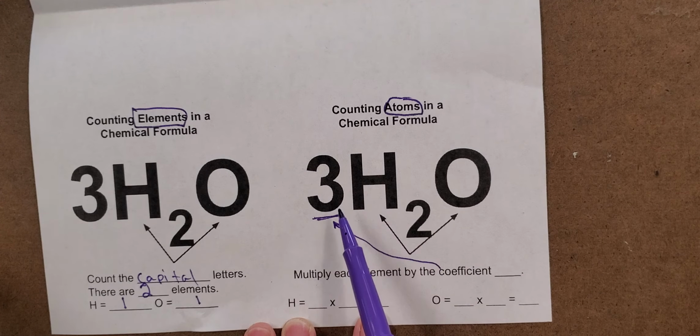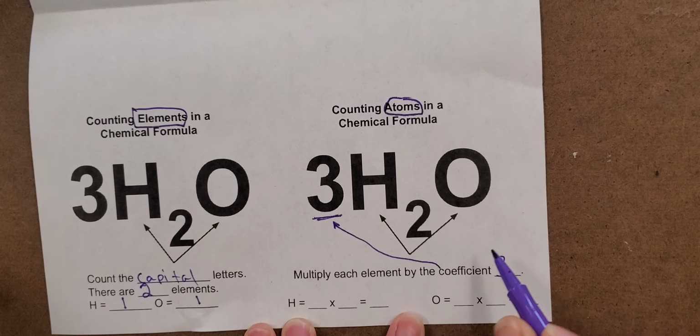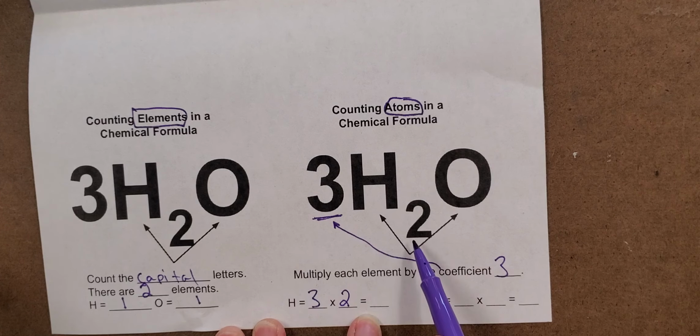So I'm gonna take my 3, multiply it by 2. So 3 times 2 is 6. So for H, it would be 3 times 2. That's my subscript, that's my coefficient. So 3 times 2 equals 6. So I have 6 atoms of hydrogen.